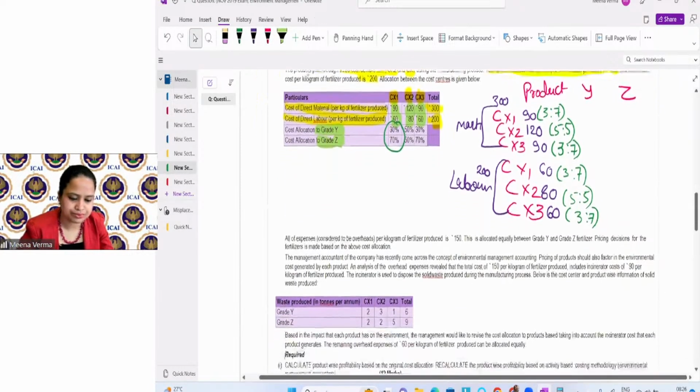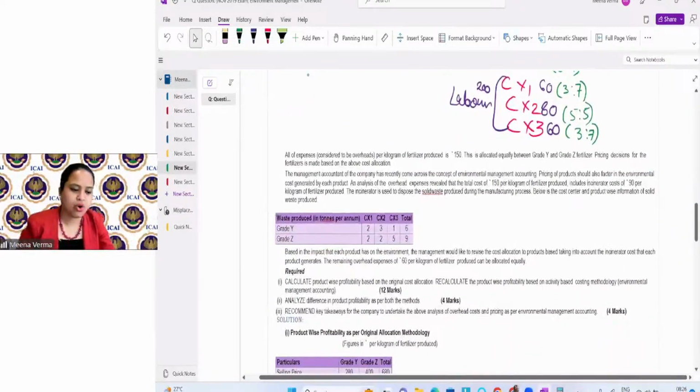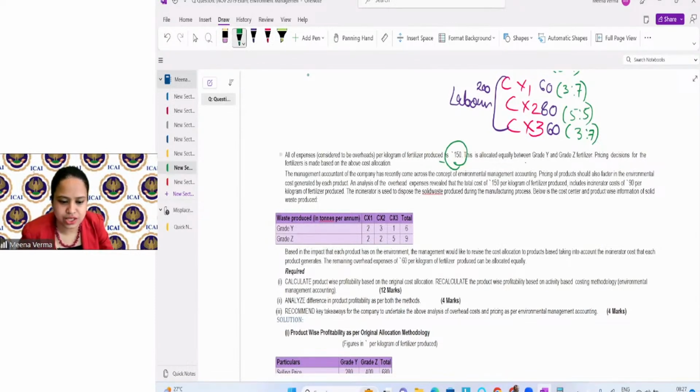All right, okay. All other expenses per kg of fertilizer produced is rupees 150. This is allocated equally. Apart from material cost and labor cost, the company has some other costs. What are these costs? Overhead costs.